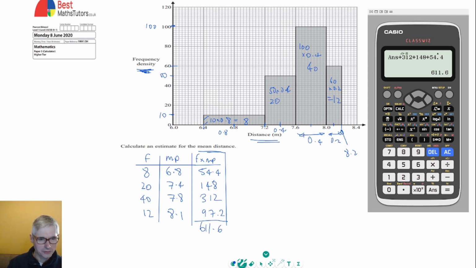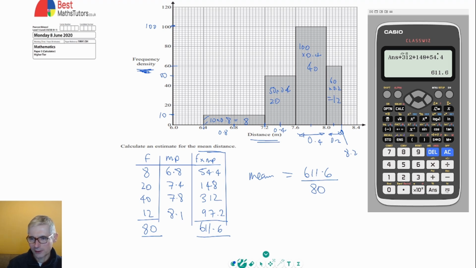And then I need to add up the frequencies, and that gives me 80. And then my estimate of the mean is given by the sum of the frequency times the midpoint, the sum meaning adding it up. So that's 611.6, and I'm going to divide that by the sum of the frequencies, so adding up the column with the frequencies, and that's divided by 80.